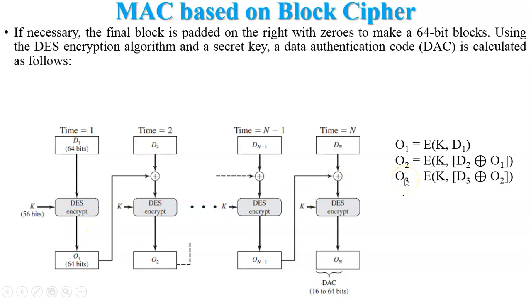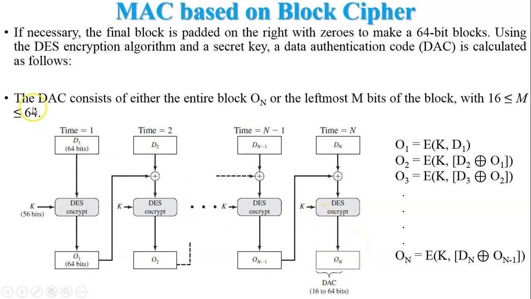Up to the last block, ON is equal to encryption with K of DN XOR ON minus 1. This is the output from the second last block XORed with the final block, and then DES encryption is applied with the key K, 56 bits, and finally it generates ON.